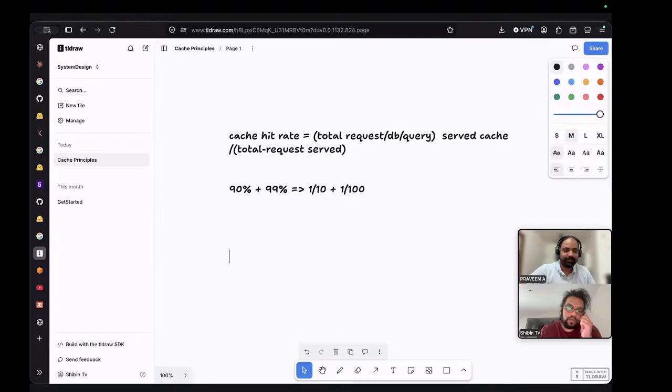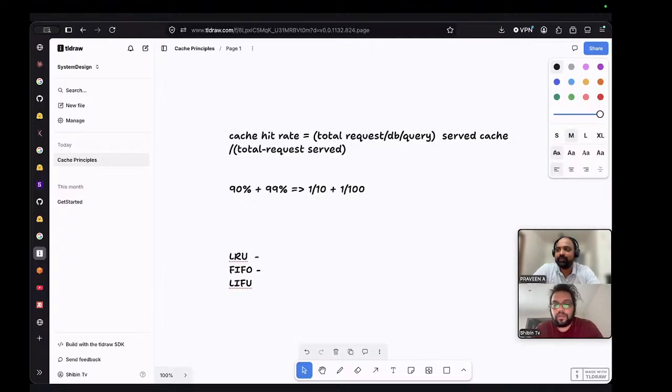Most computer science students, if you have ever taken any course, these algorithms may be very familiar to you. Okay, so let's start with FIFO.